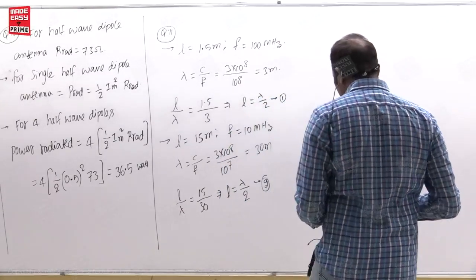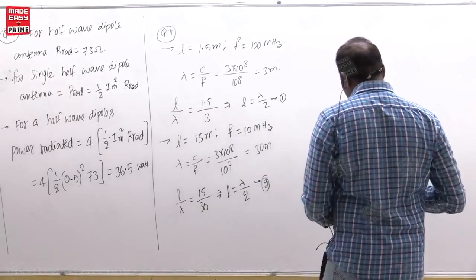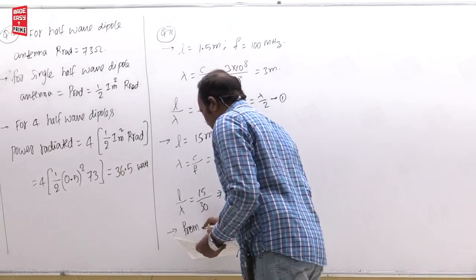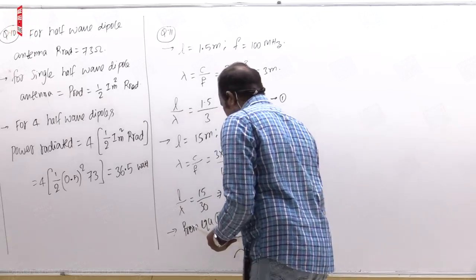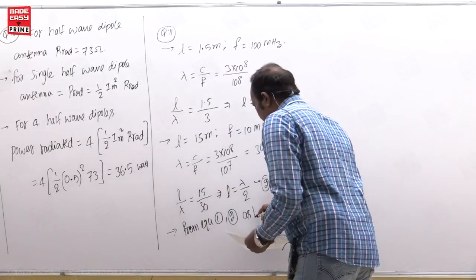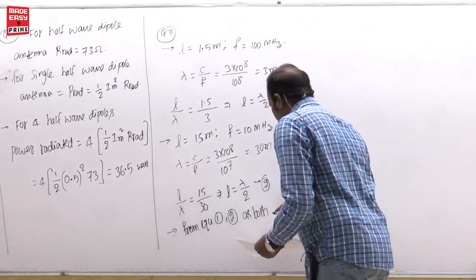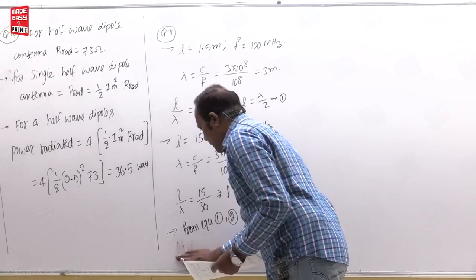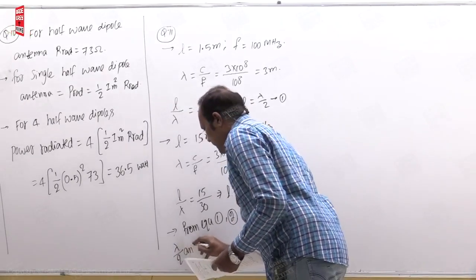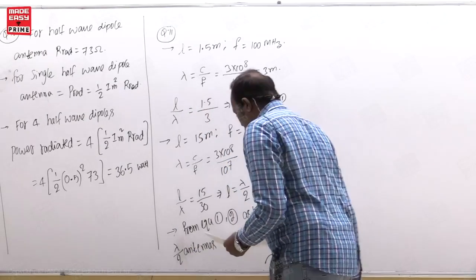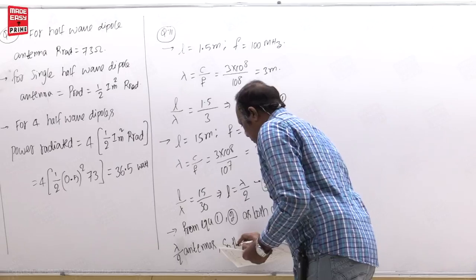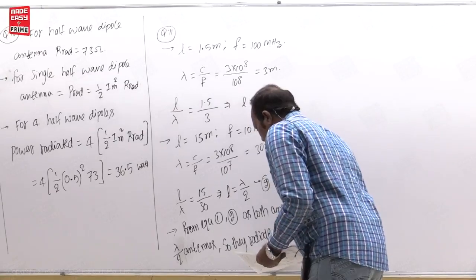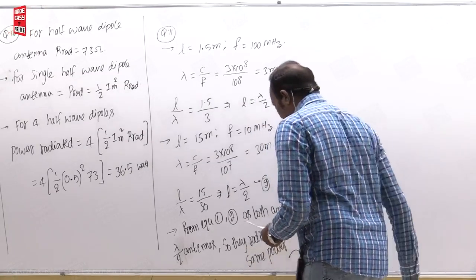So right, students, from equations 1 and 2, as both are lambda by 2 antennas, they radiate the same power because radiation resistance is the same for both of them.